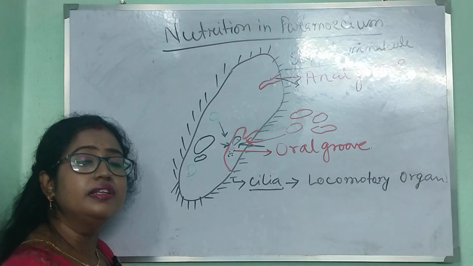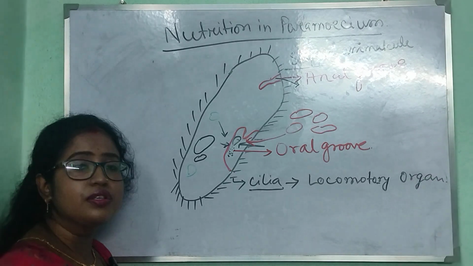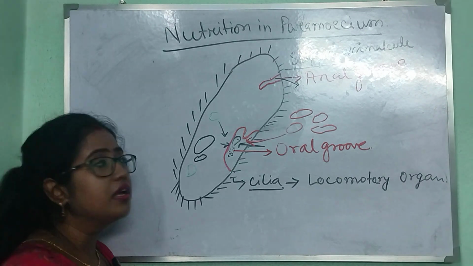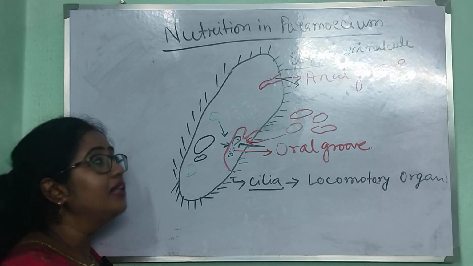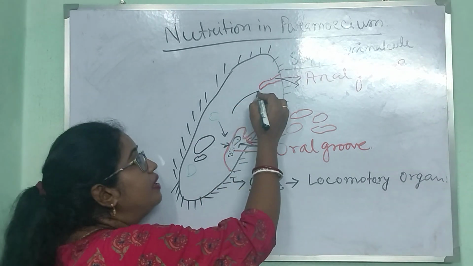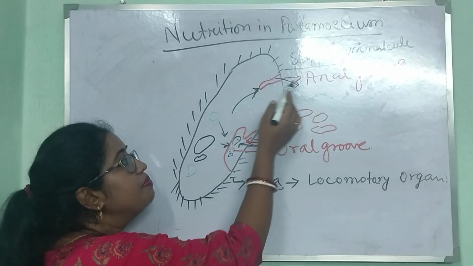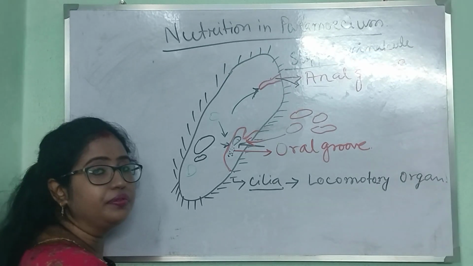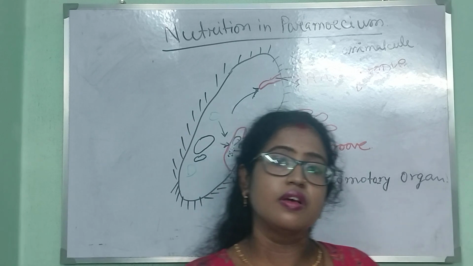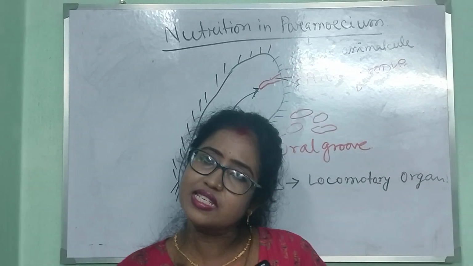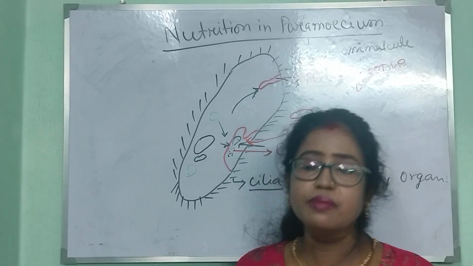Absorbed food material is then assimilated in its body for energy requirements or forming the body parts. And after those processes, the undigested food material is thrown outside the body of the Paramecium by this anal groove. So the 5 major steps of digestion are just the same in amoeba or in case of Paramecium.